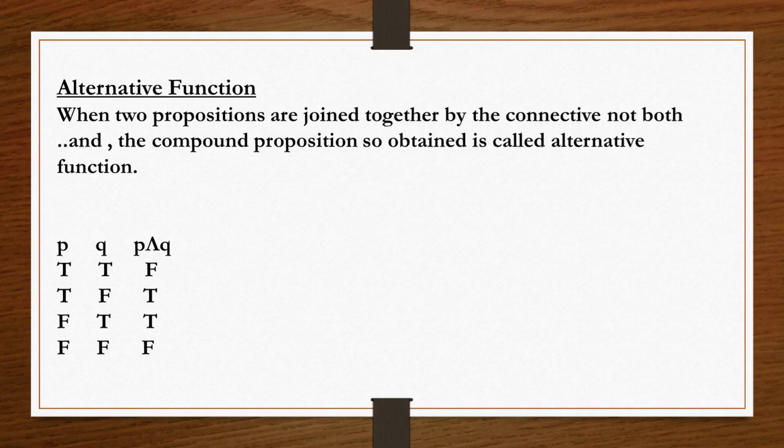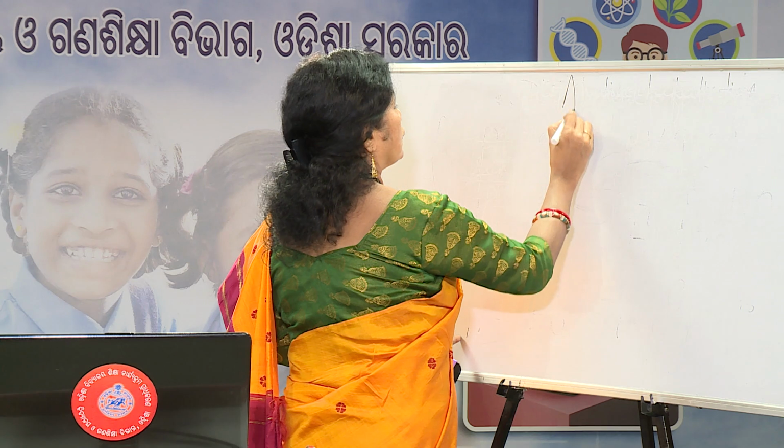If two propositions are joined together by the connective not both and to form a compound proposition, the compound proposition is called the alternative function of its simple propositions.